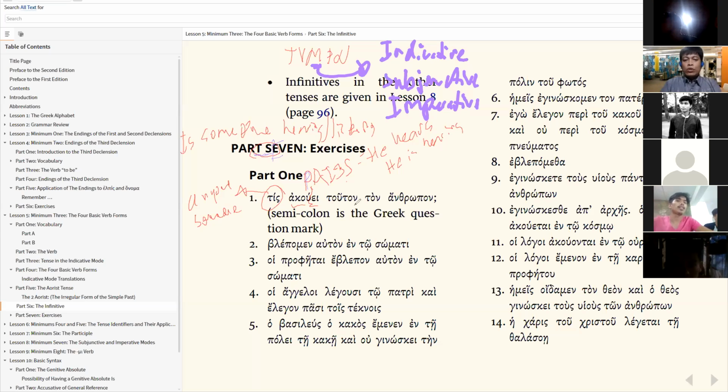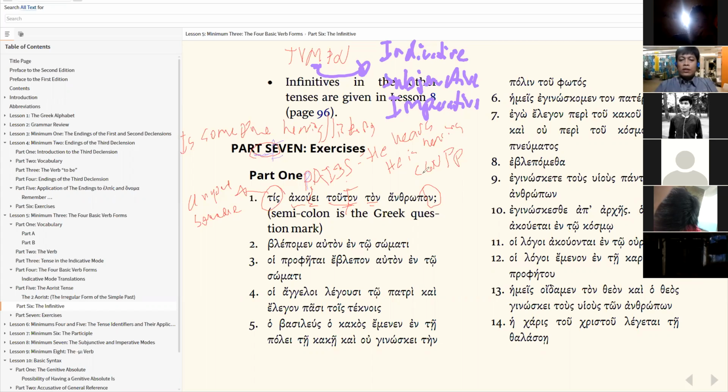Next, you have the word touton. What is touton? Demonstrative pronoun, right? Look at the ending. What does that tell you? You have now the case, gender, number, CGN, and then the part of speech.